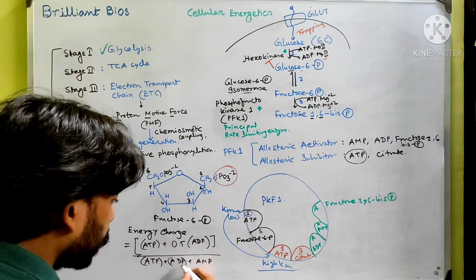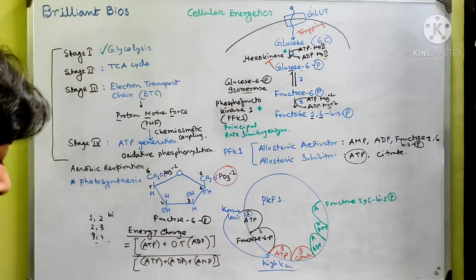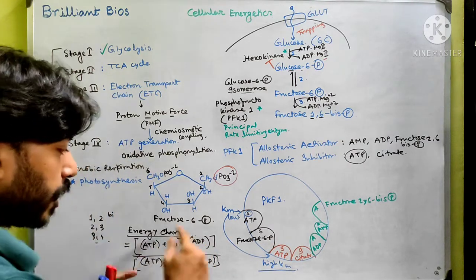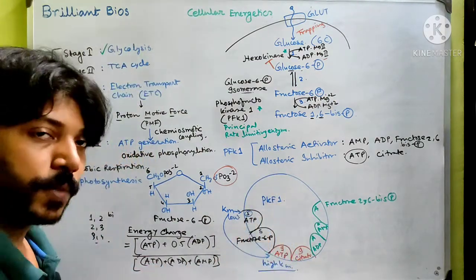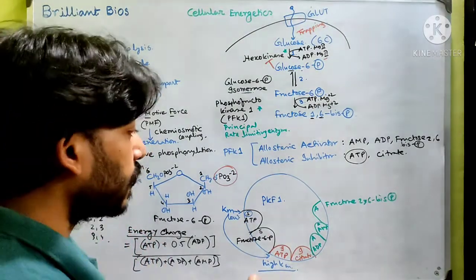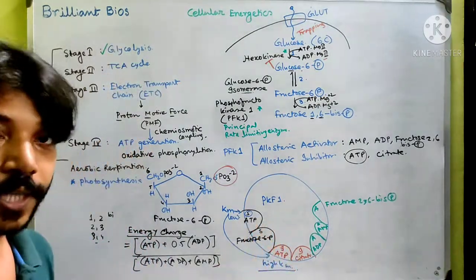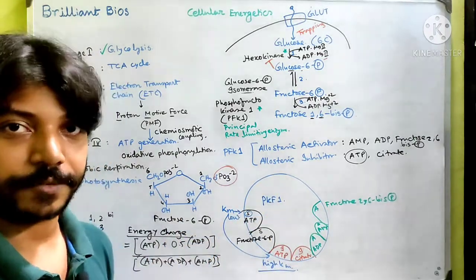What you get is the energy charge of a cell. And this ratio actually determines the function of this PFK1. If cells have a low amount of energy or ATP, then this enzyme will be activated. If the cells have more energy charge, then it will not be activated.